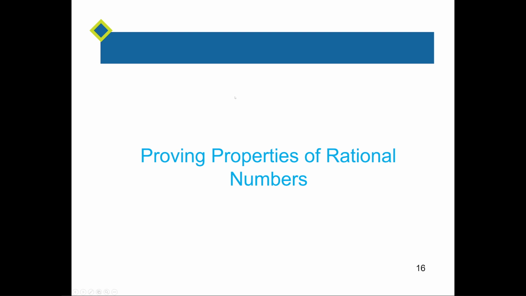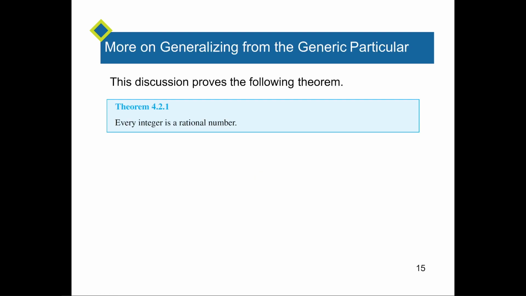Proving properties of rational numbers. Just like in the previous section, where we had a bunch of different theorems and definitions and results about even and odd integers, and we can generalize all these theorems and get a bunch of results which we can then use at some point if we have to prove something else. The same thing applies in this section.